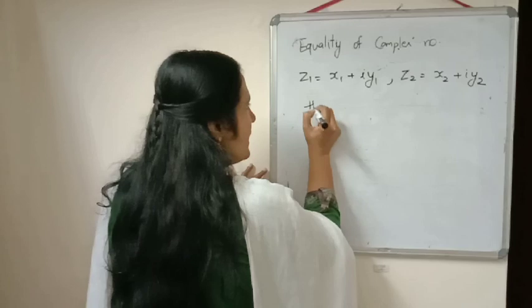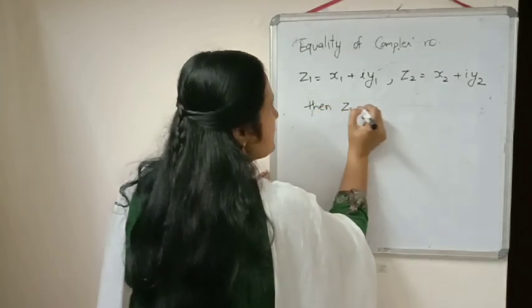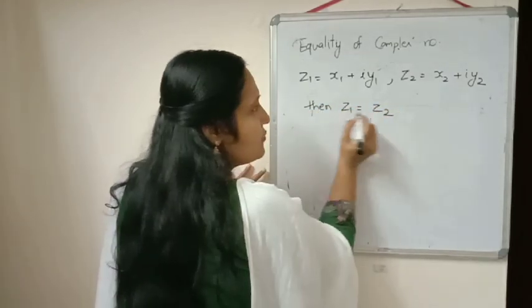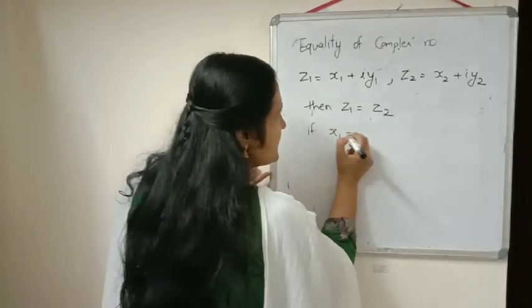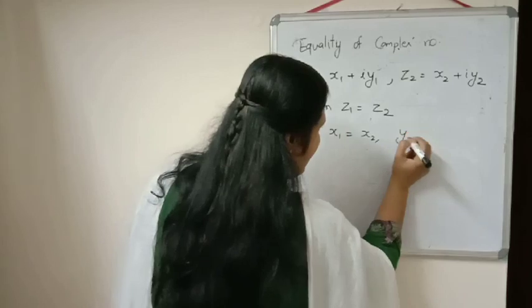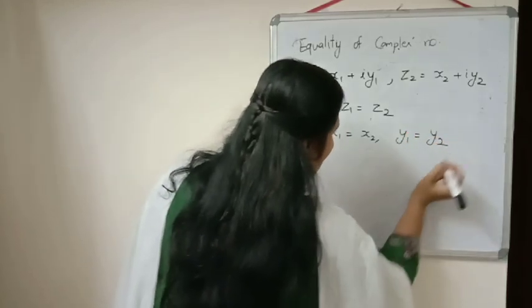Then z1 equal to z2. When we can say two complex numbers are equal? If x1 is equal to x2 and y1 is equal to y2.